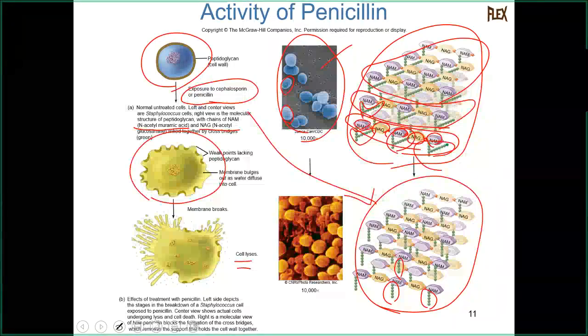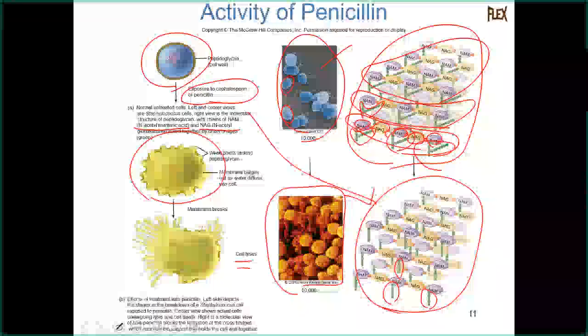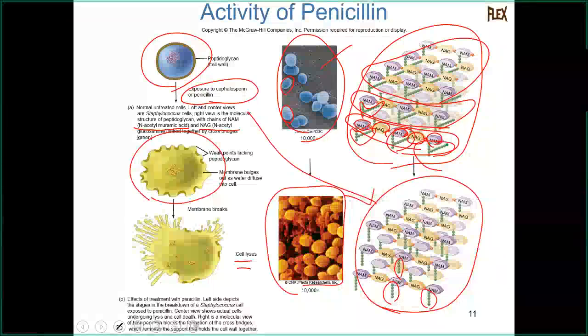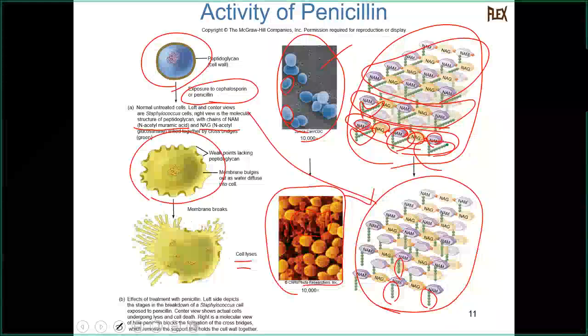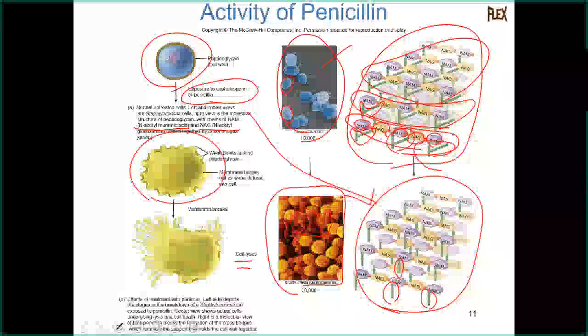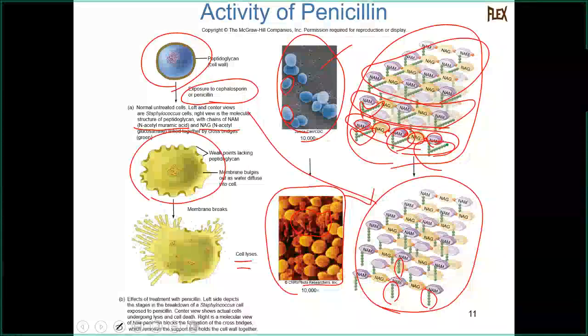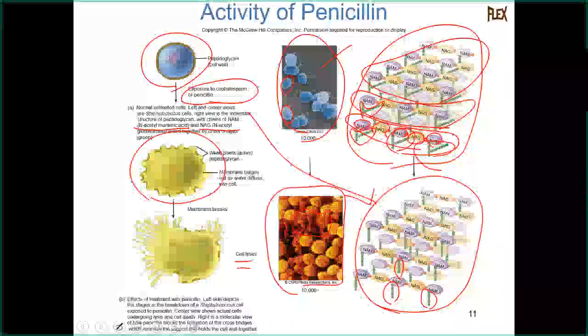And here's what happens with them. This is another picture of some that have been treated with either a penicillin or a cephalosporin. And you can see all this junk in here. Well, that's residue, that's debris from cells that have broken apart. And you can see they're not shaped properly.